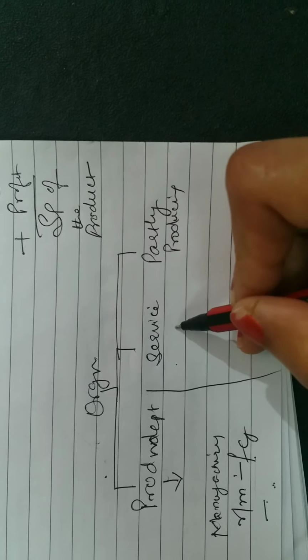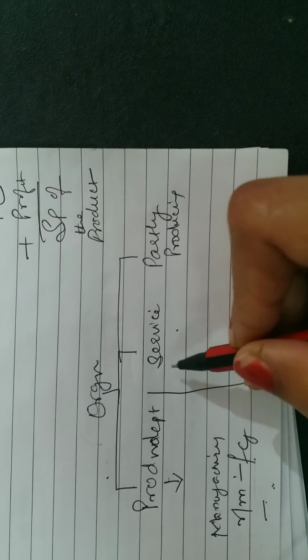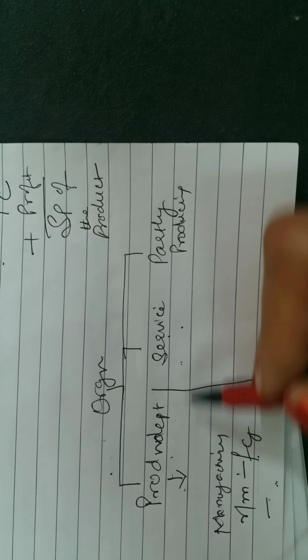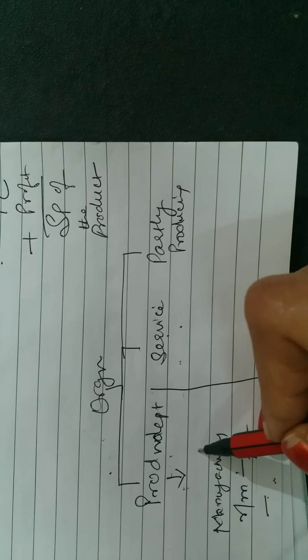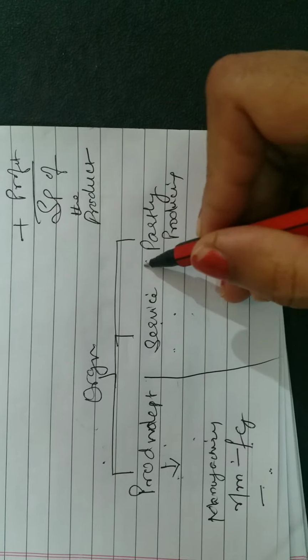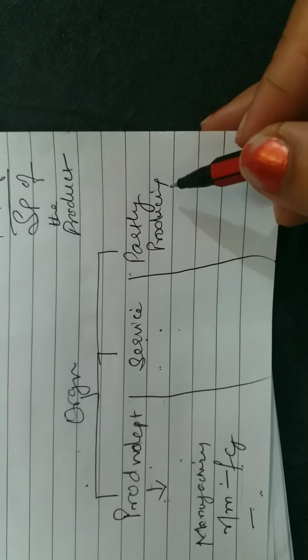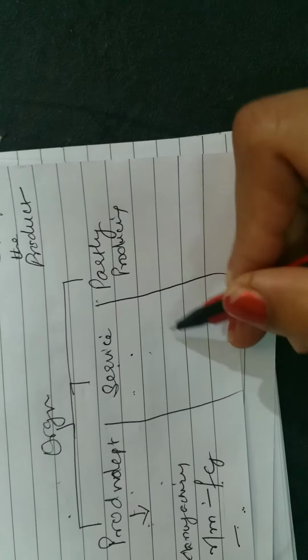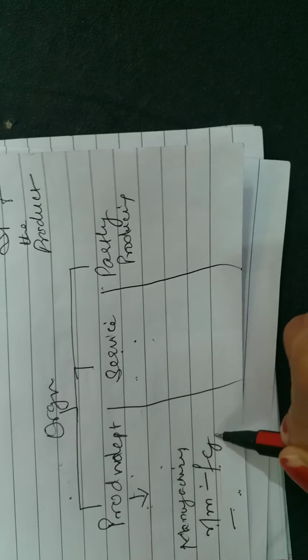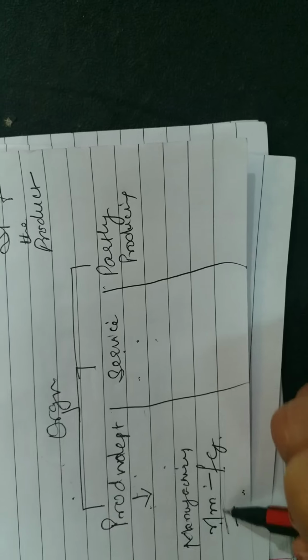Then we move on to the service department. These departments are not engaged directly with the production or conversion of raw material into finished goods, but their services are essential in order for an organization to work in a proper order. An example: for manufacturing, the raw material is to be converted into finished goods. But where is the raw material being stored?